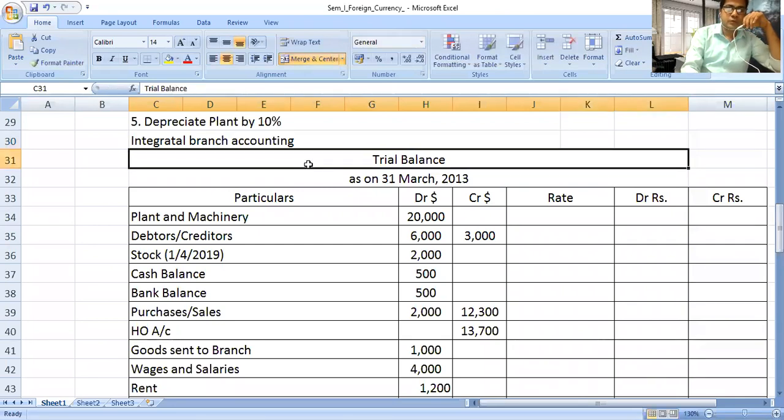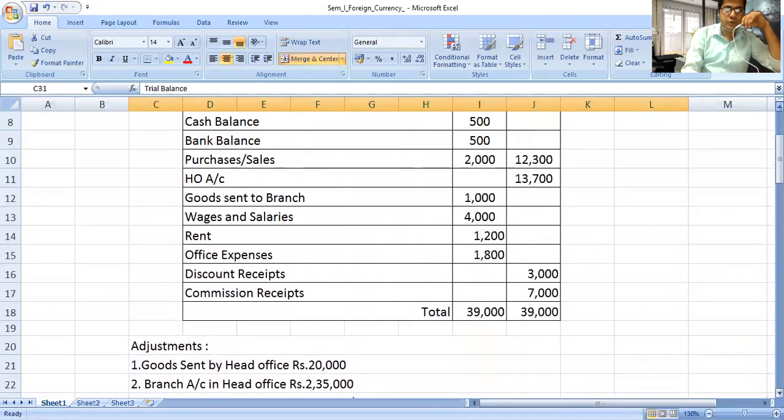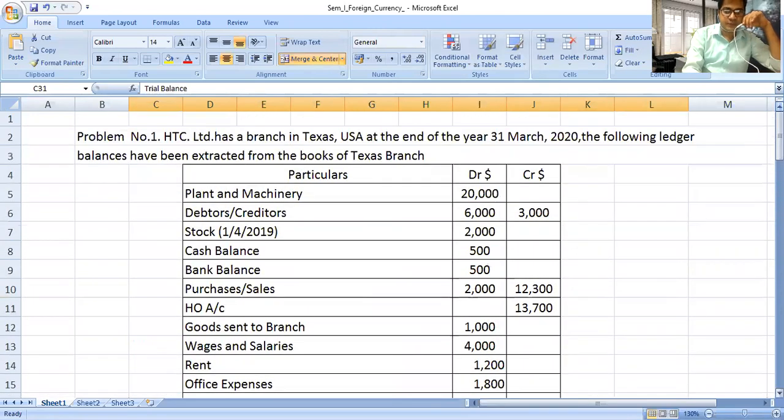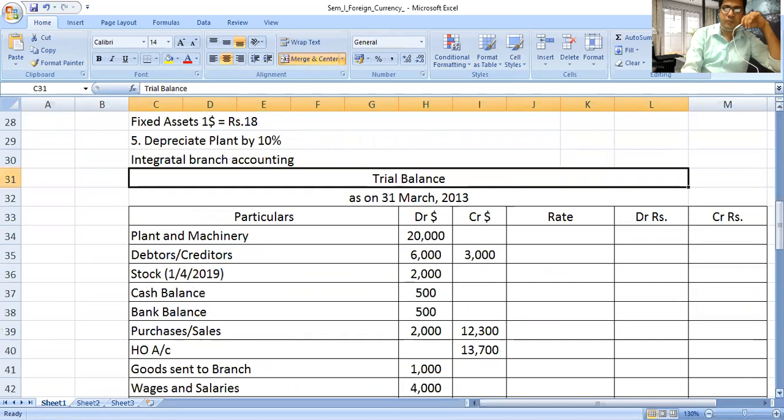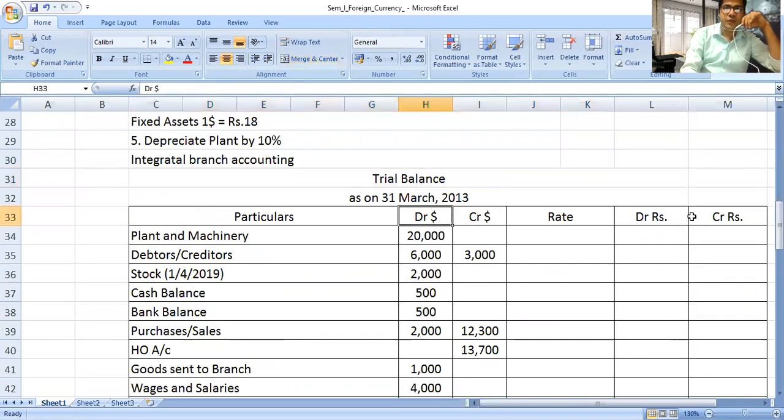Why do we say that it is integral branch accounting? Because this USA-based branch depends on the Indian head office, so we will prepare its books of record in rupee form. It means we will convert dollars into rupees. Now how we will convert it, that we are going to learn. It is very simple to understand.